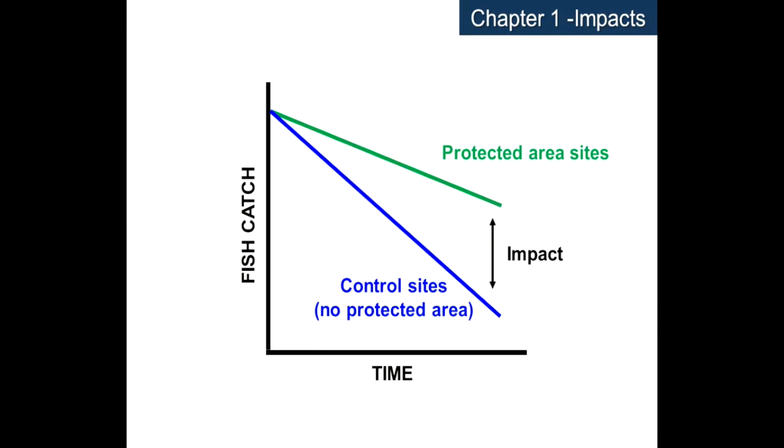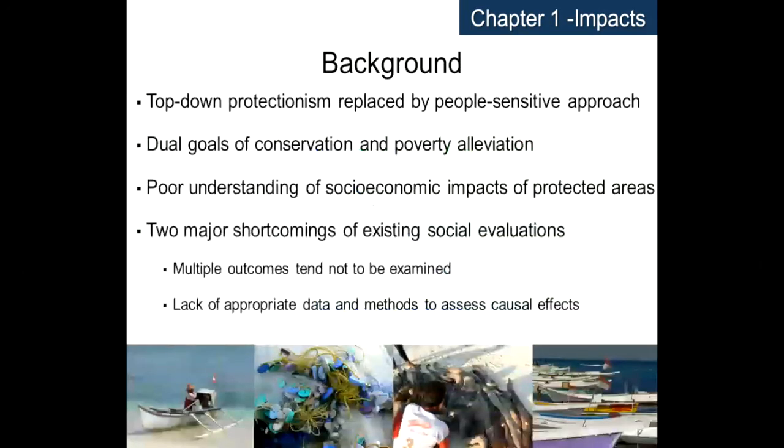So this really highlights the importance of this kind of data, but hardly any studies actually have it. To my knowledge, I can only think of one other study that has had this kind of data to assess the impacts of protected areas, and that was in regards to a terrestrial protected area.